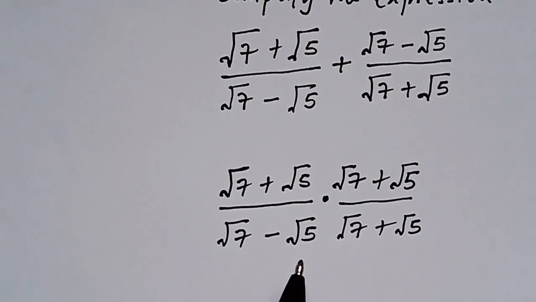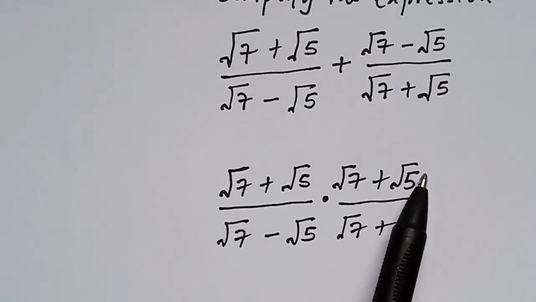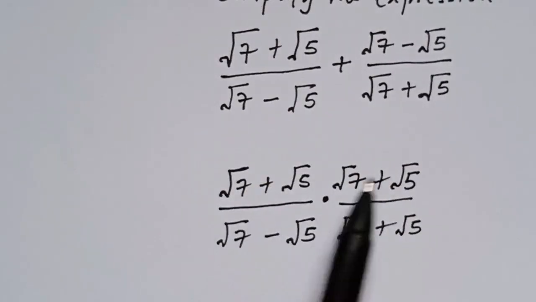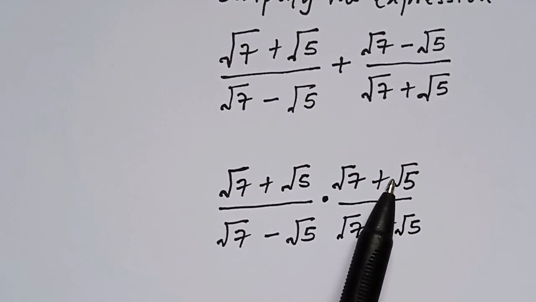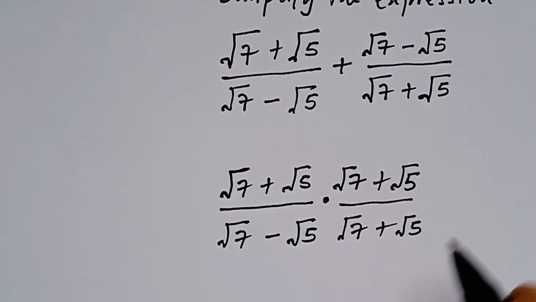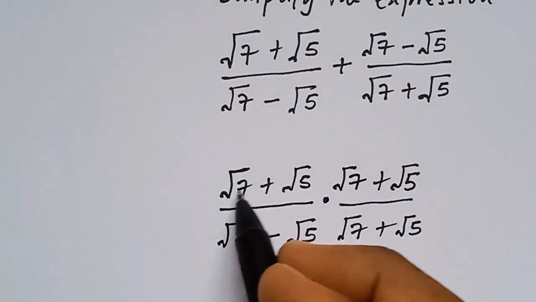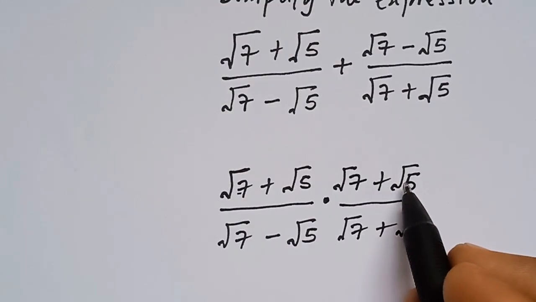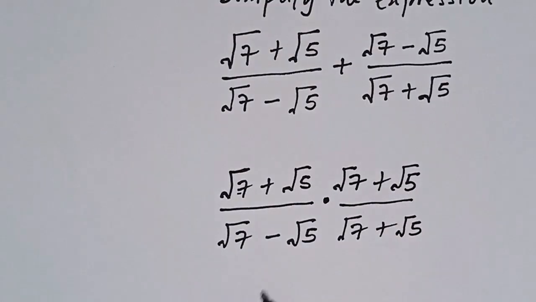Having multiplied by the conjugate of the denominator, we then expand the multiplication of the numerator and that of the denominator. So over here, for the expression at the top, the numerator, we expand this.